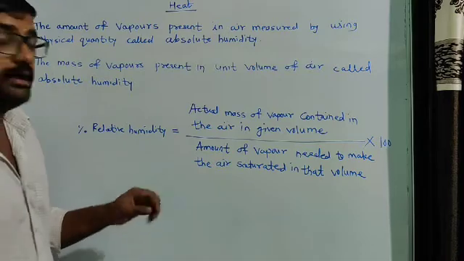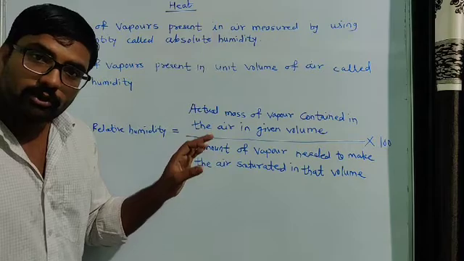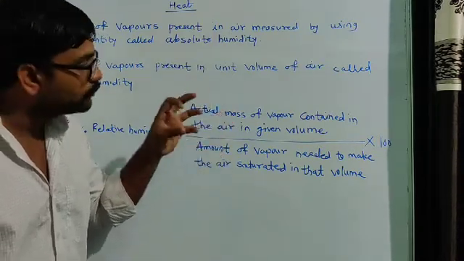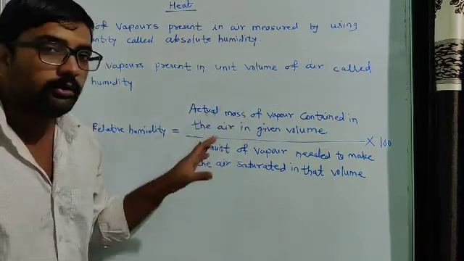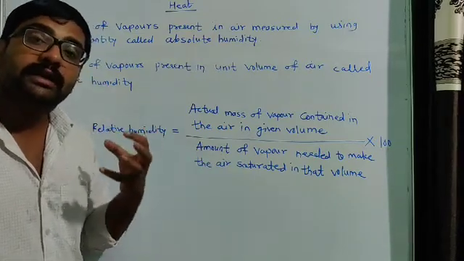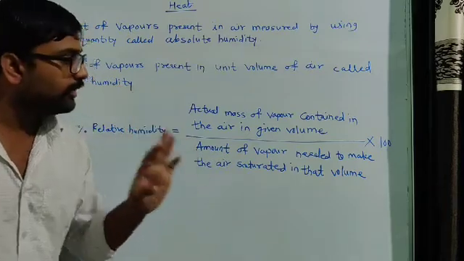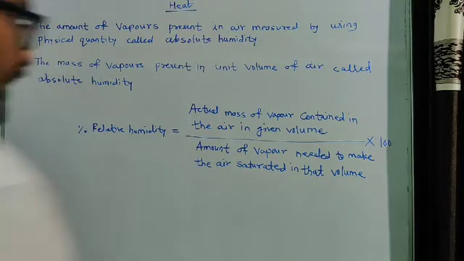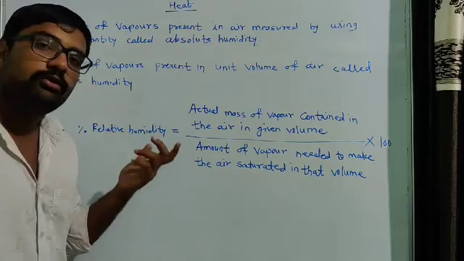Percentage relative humidity. So it is the ratio of masses of vapor, but which vapors? In the numerator we take the mass of actual water vapor present in the given volume, divided by how much water vapor we need to saturate that given volume. That ratio we multiply by 100, then we get the percentage relative humidity.